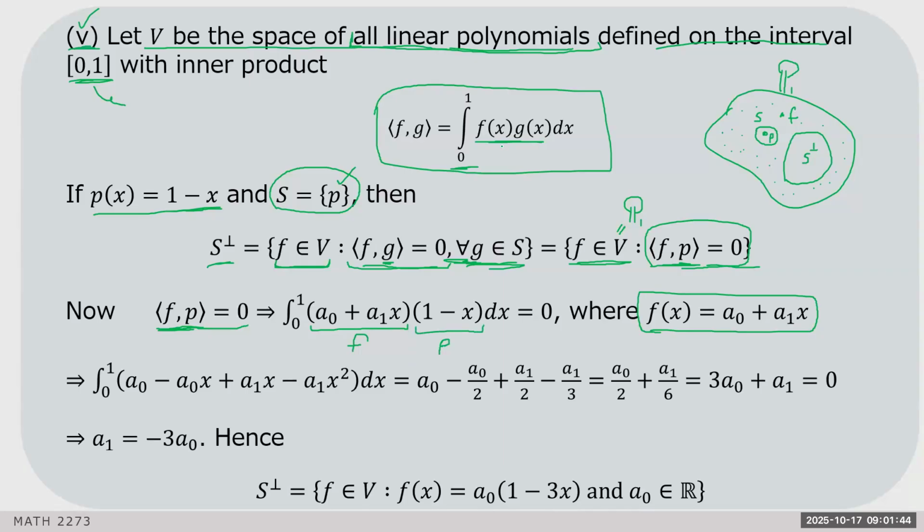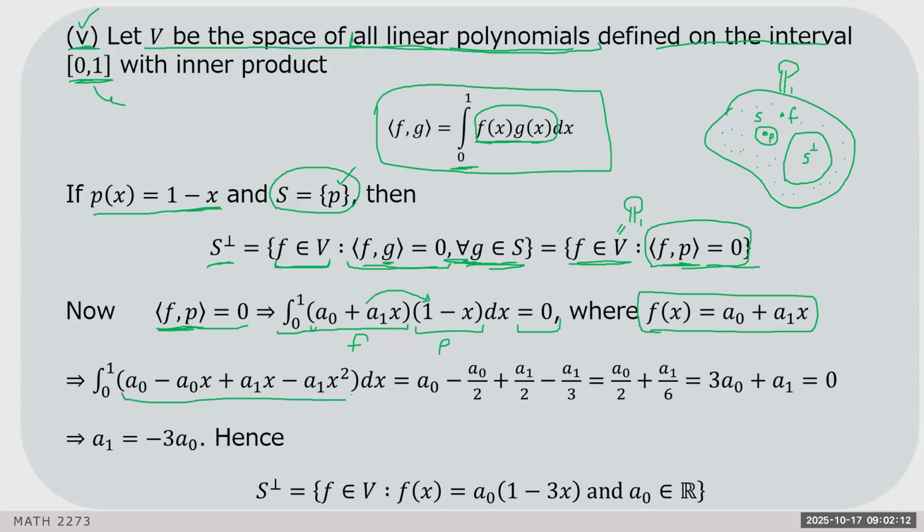So remember the inner product, you multiply the two polynomials together and you integrate them from 0 to 1. And in this case, I'm looking for when are they perpendicular. So I set that integral to 0. Okay, so let's evaluate what this integral is. So we're going to expand these two brackets.